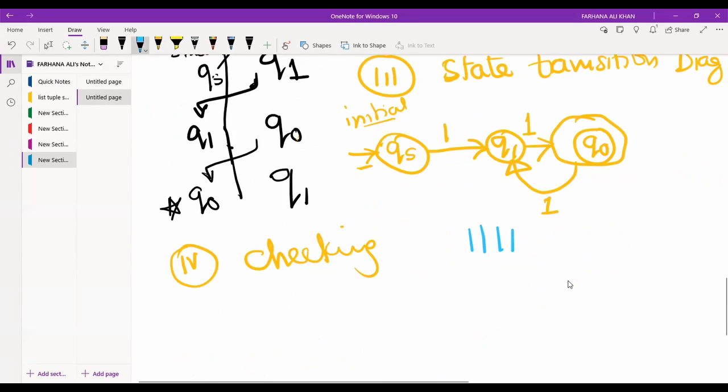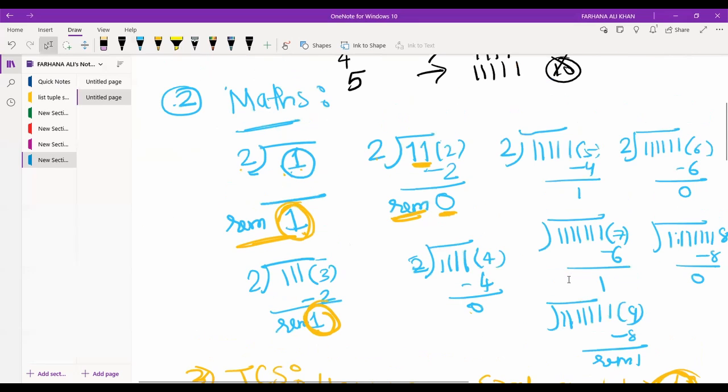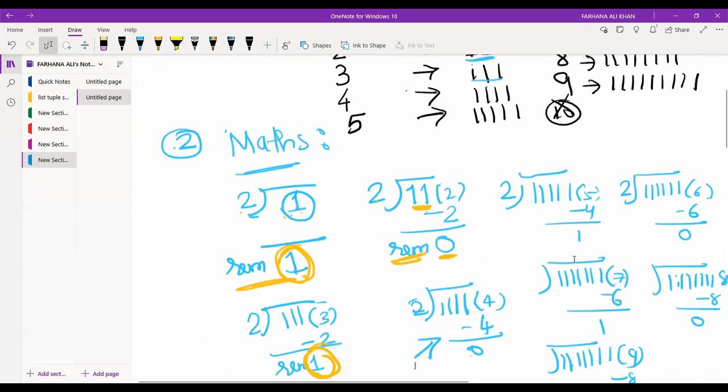First you have to tell yourself whether the string is accepted or rejected according to the question. Our question is whether the number is divisible by 2. This is the decimal number 4. Is it divisible by 2? Yes, it is divisible by 2.